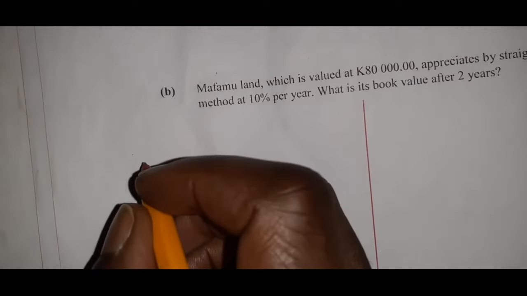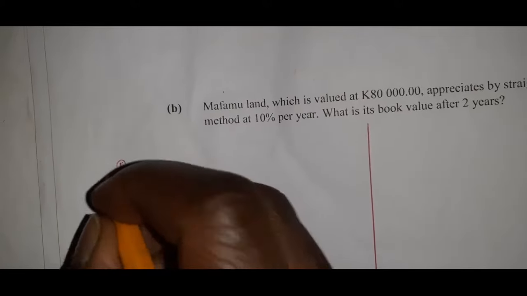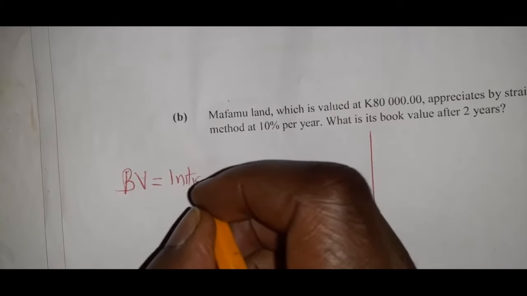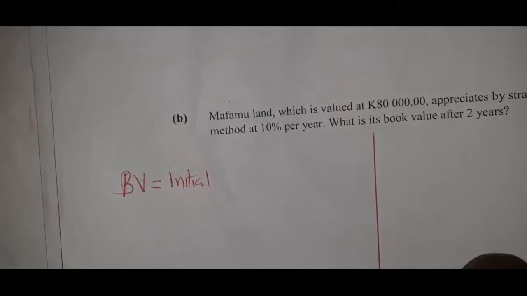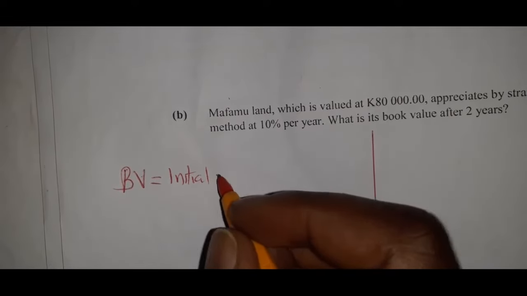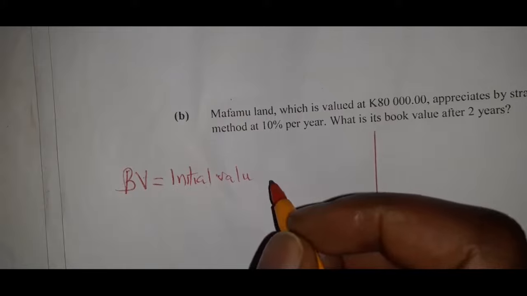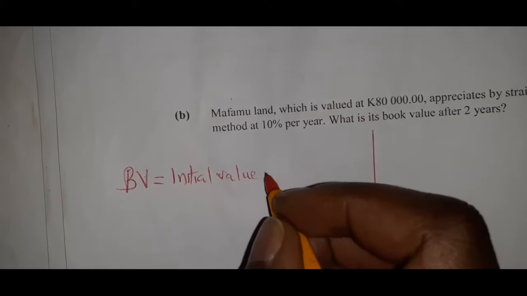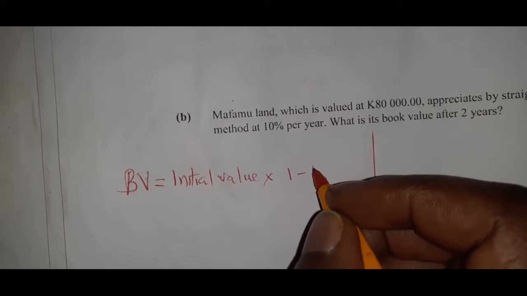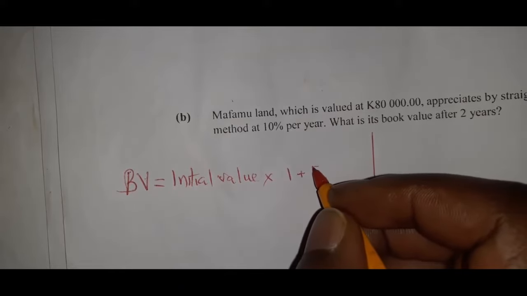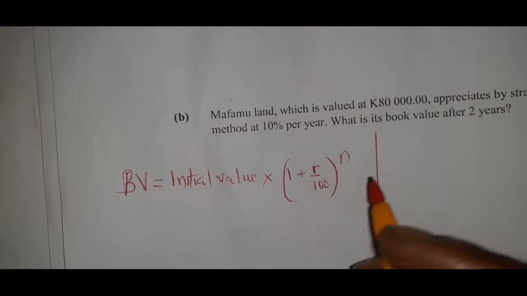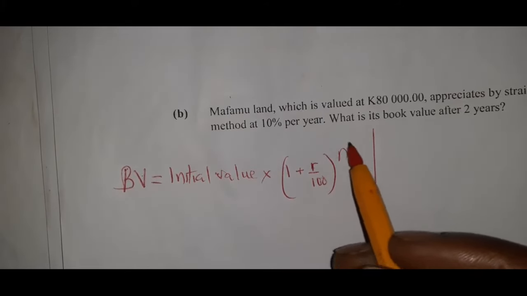So we're going to say the book value after 2 years is the initial amount, the initial value, multiplied by 1 plus R over 100 multiplied by T, where this one is the interest and this one is the number of years.